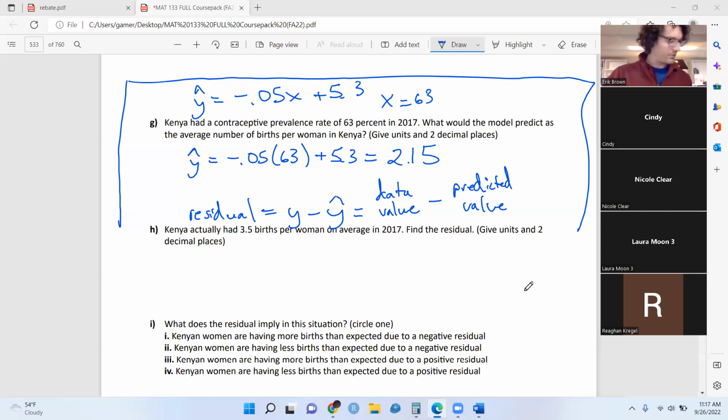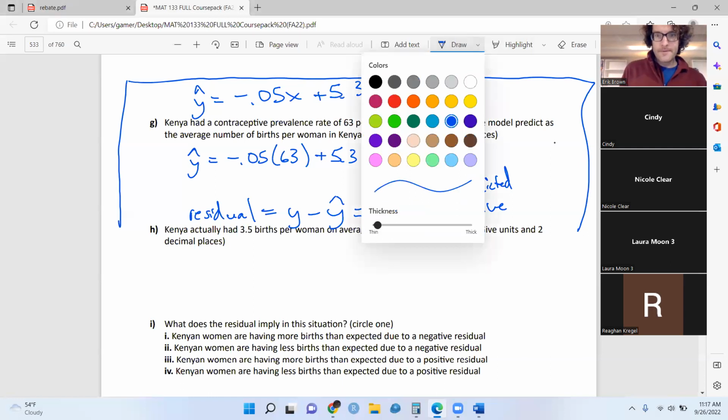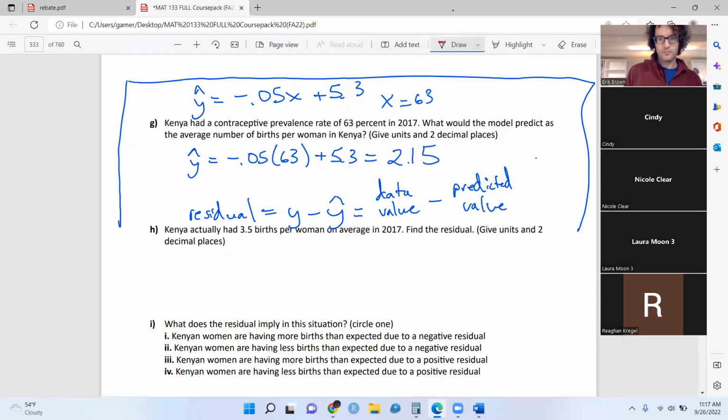Anyone got the answer? That was 3 minutes. 1.35. Does everyone agree? So here's our y hat. Here is our y. Based on our formula, that means we should have 3.5 minus 2.15.